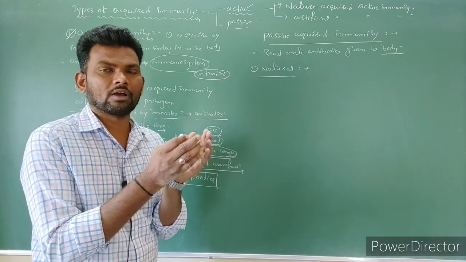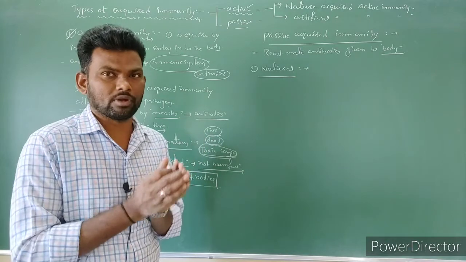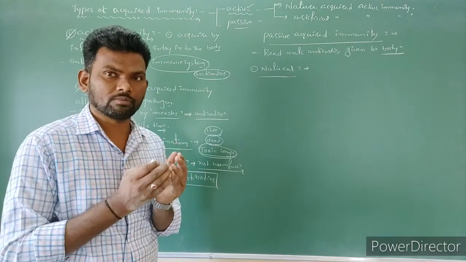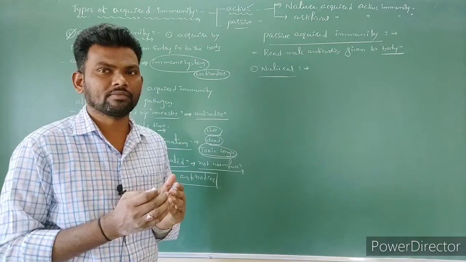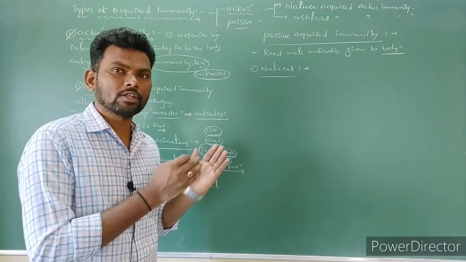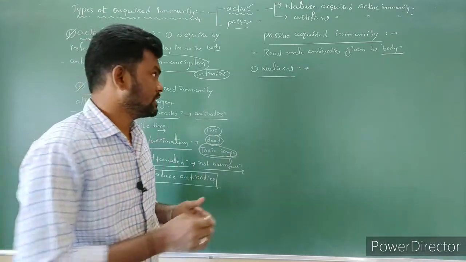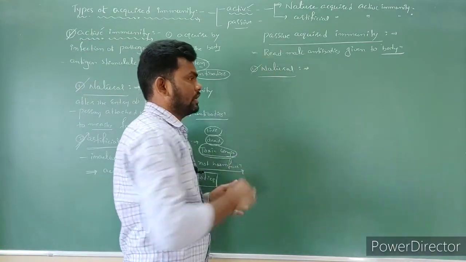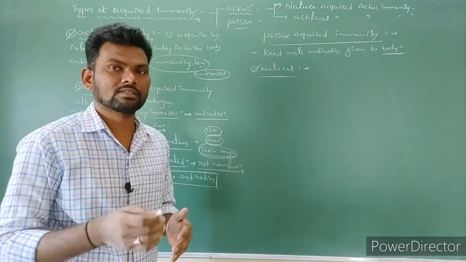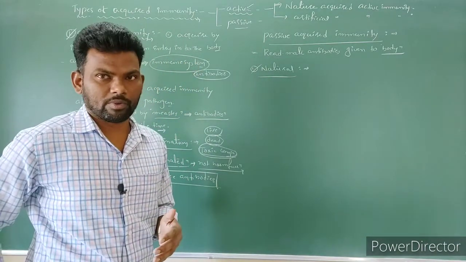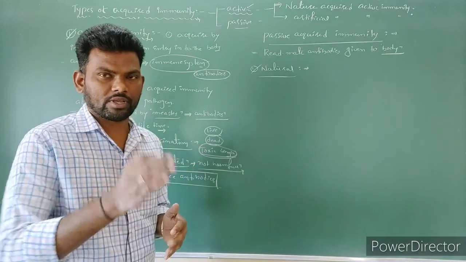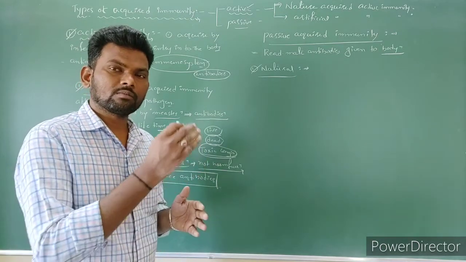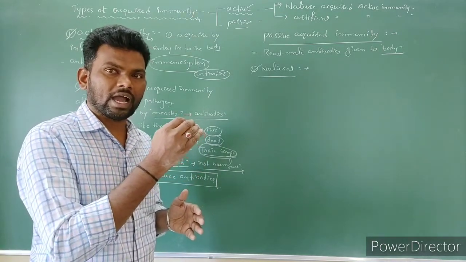The infant has no capability to produce antibodies, so the mother synthesizes the antibodies and they are transferred to the baby through the placenta. So that is coming under natural.